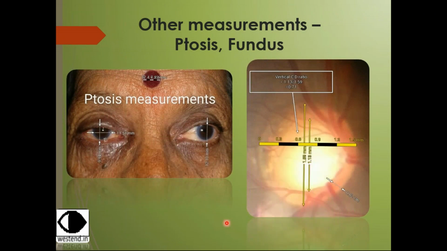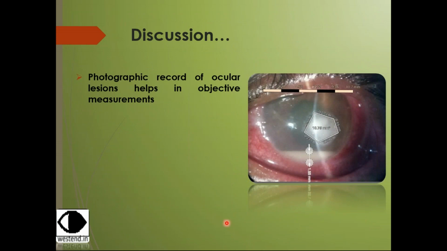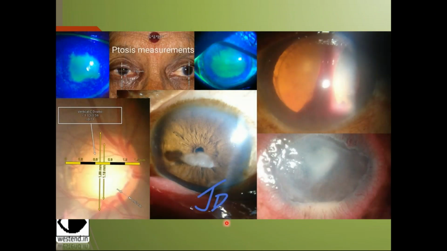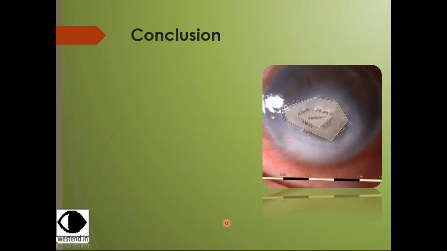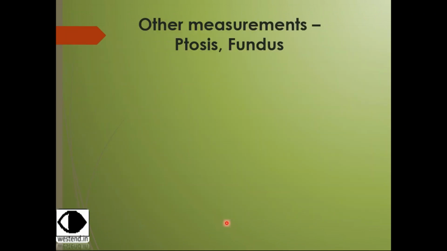You can measure doses, you can measure IPD, you can measure the disc parameters, including the ratios. You can measure anything which has a reference marking. So this is what I was trying to say. It can be done on the smartphone.